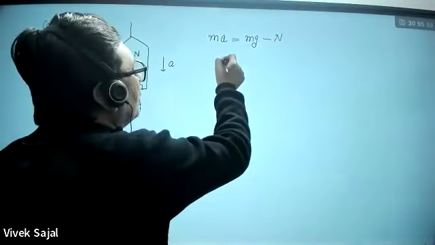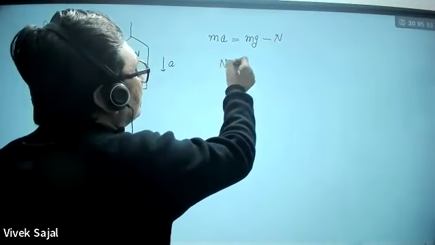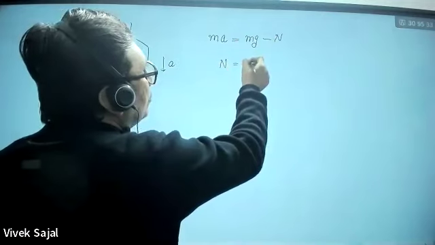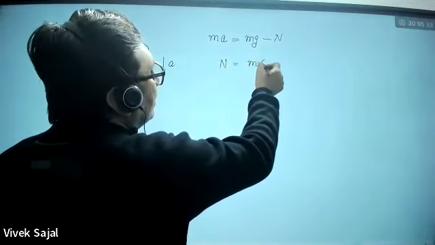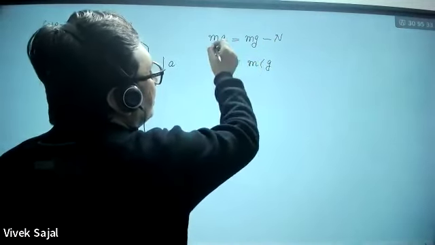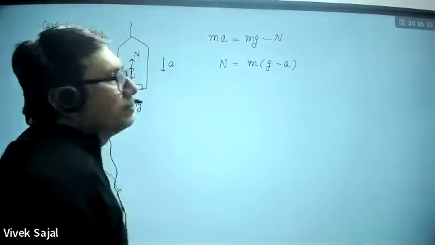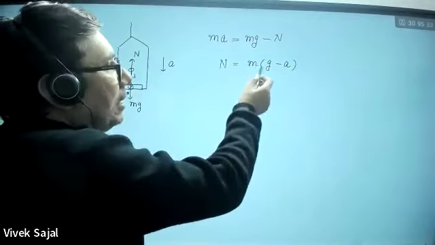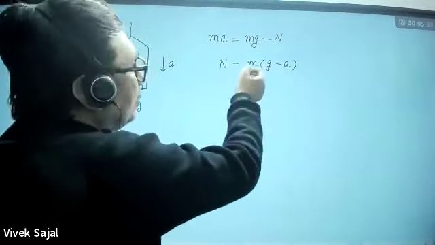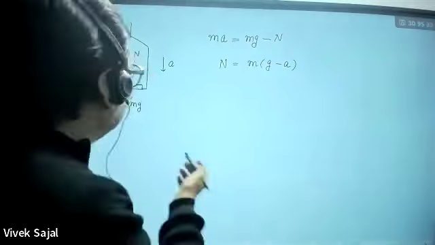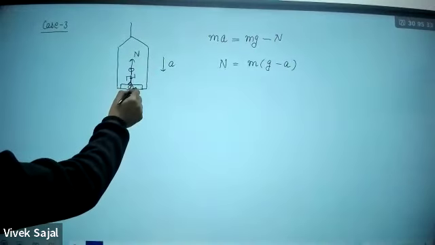So what will be the normal reaction that this weighing machine is going to read? Bring this ma on this side, so N will be m(g minus a), and it is less than mg. This is the apparent weight that is read, ठीक है ना?